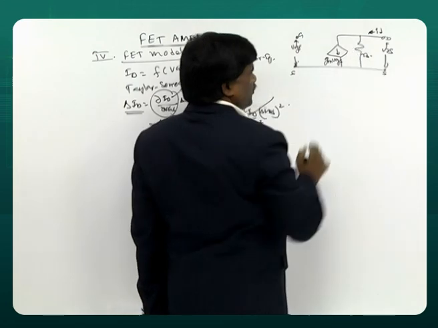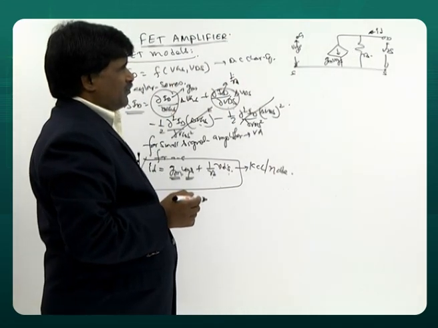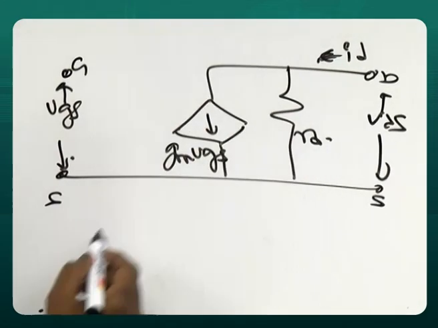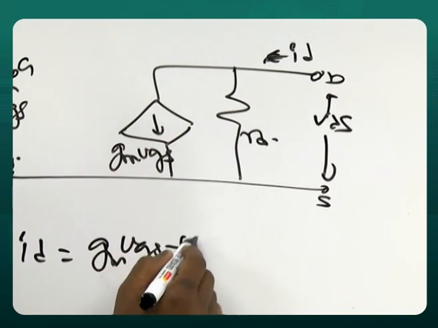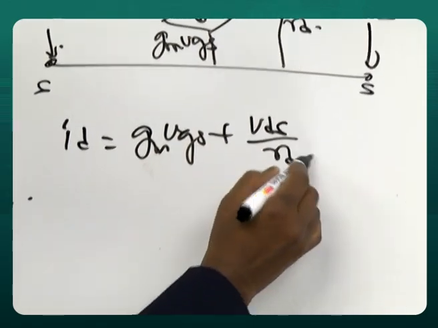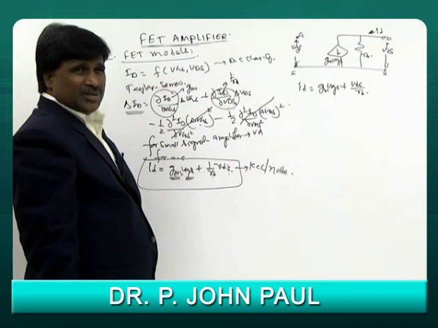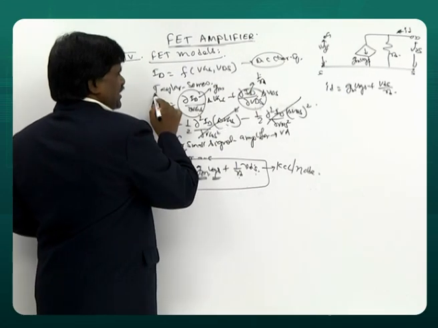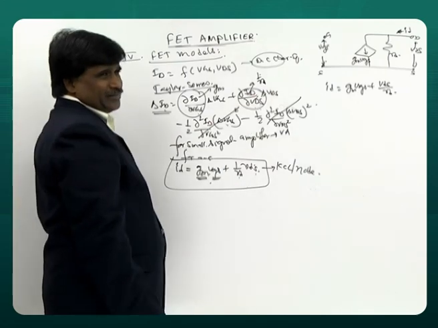So this is how we have this connection. So ID is, if you write this KCL once again, current entering is equal to leaving. VDS by RD. Same thing comes. So please enjoy this. There is a DC equation. I applied Taylor series, converted into AC, you got the model.